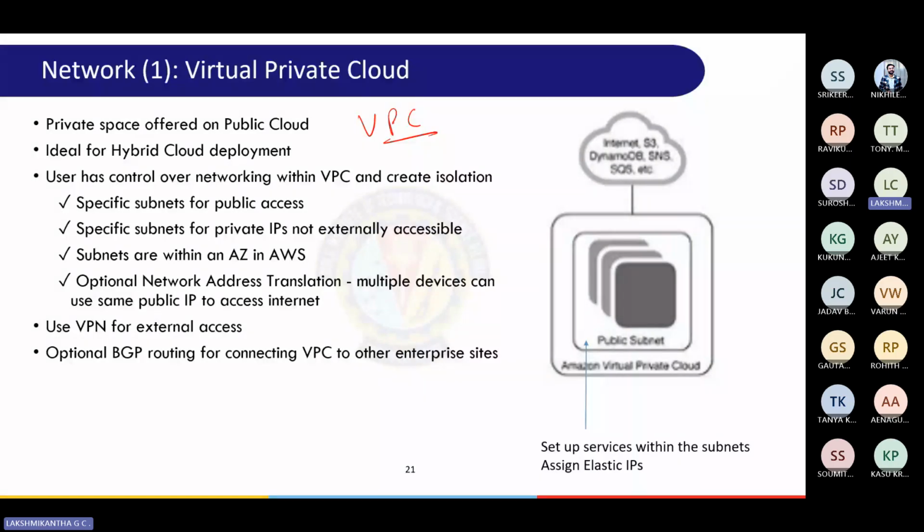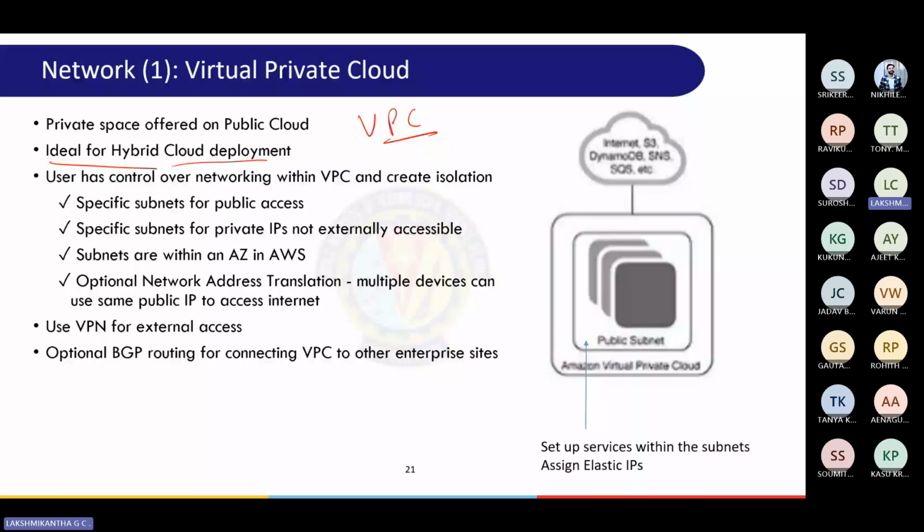You can think of it as your own isolated, secure virtual network within the massive public cloud infrastructure. Here I mentioned ideal for hybrid cloud deployment. It is the foundation for hybrid cloud deployment, allowing you to securely connect your on-premise data centers to cloud resources.